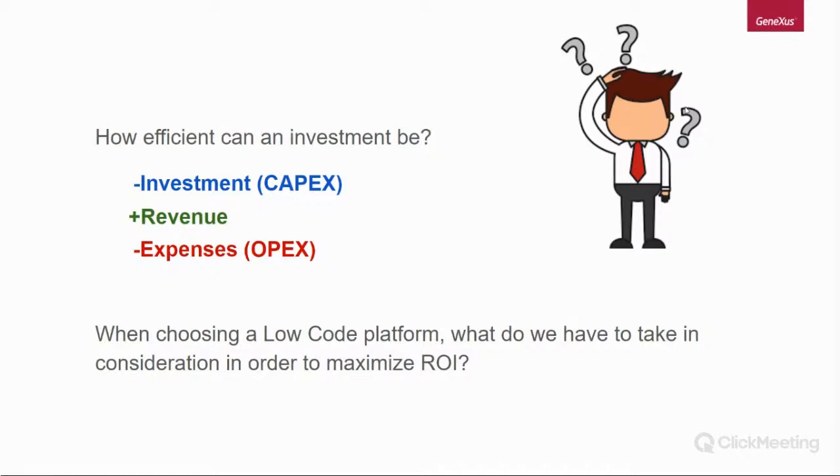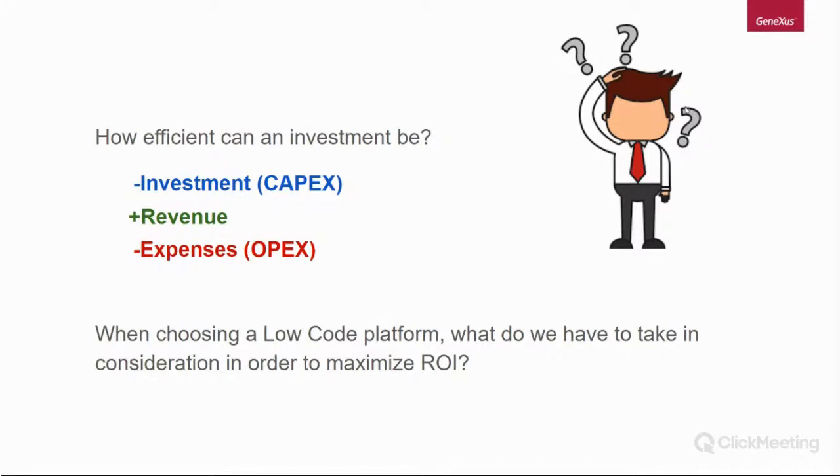The revenue, on the other hand, might be easier or more difficult to calculate, but we can get a clear idea of the initial investment and of the expenses that will be incurred in the future.